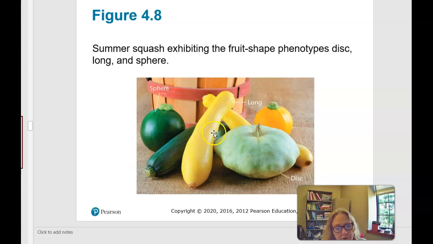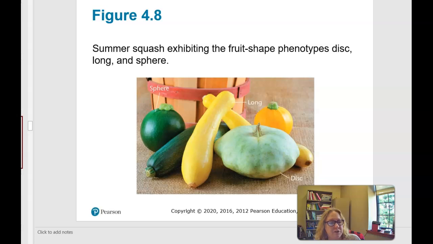If your fruit is long, you are homozygous recessive. If you are a disc, you are homozygous dominant. And then your spheres are the heterozygous. So these guys, spheres, heterozygous. Disc, homozygous dominant. Long, homozygous recessive.